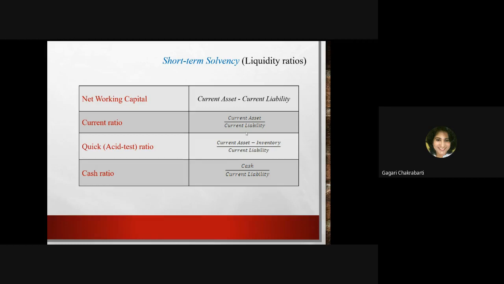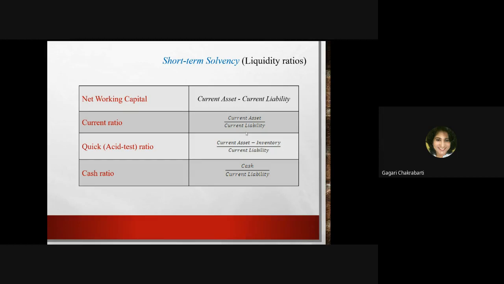And you say that, okay, current ratio is greater for the old economy firm and it is less for the new economy firm, therefore, I am going for the old economy firm. Now, is there any problem in that decision? After all, it's your money. So if you are interested, you can go for that.